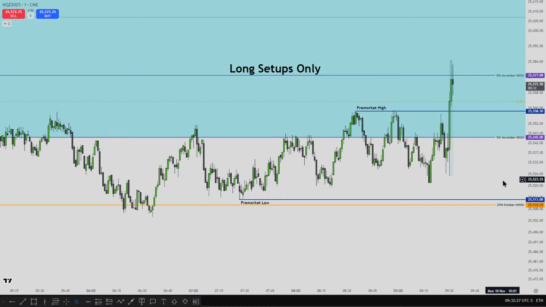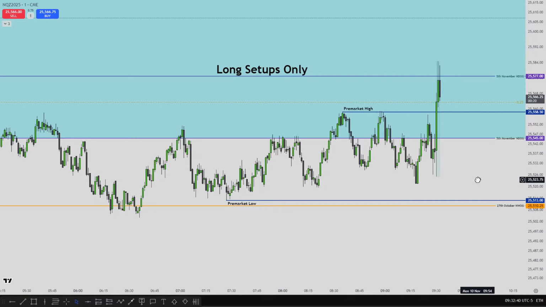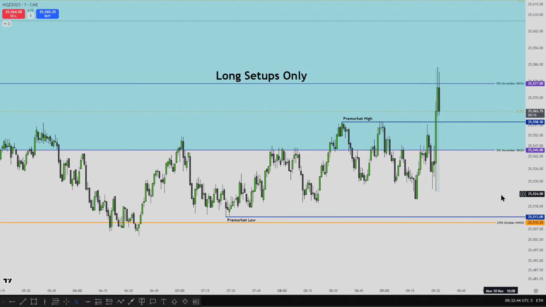So I refrain from London even on bank holiday days because even though it's not a bank holiday for the UK, it doesn't really affect London. What affects London is the daily range engineering that's going to happen in New York. And if New York's got a bank holiday, then that's not going to take place. If that makes sense.